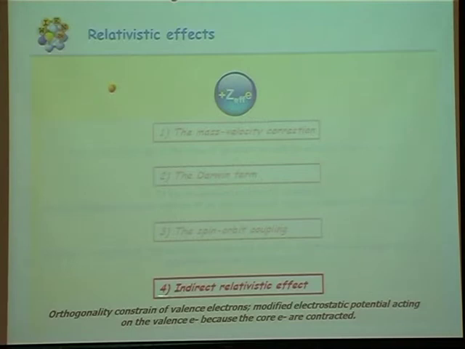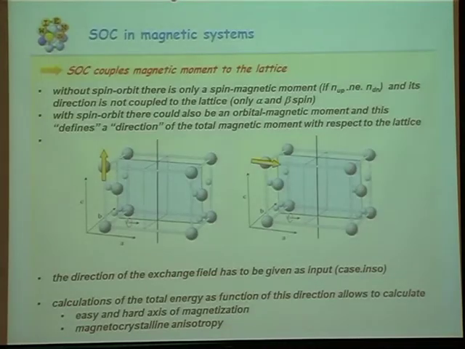These electrons are not necessarily really relativistic in that sense, but the indirect effect affects them very, very much. Now let's go one step further and let's see what happens if magnetism and spin orbit comes together. So the first important thing is spin orbit coupling couples the magnetic moment to the lattice.